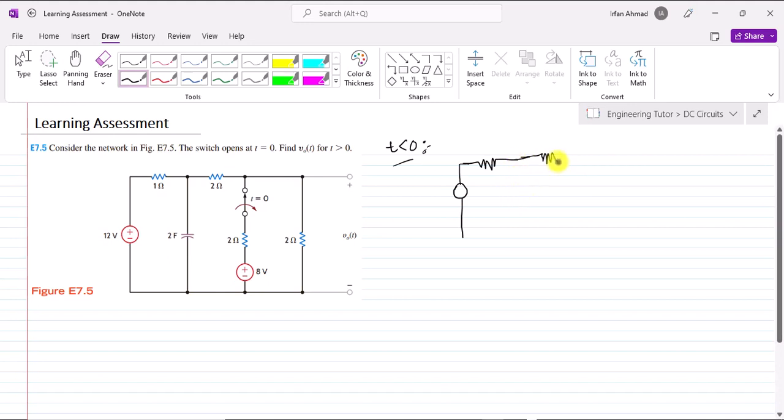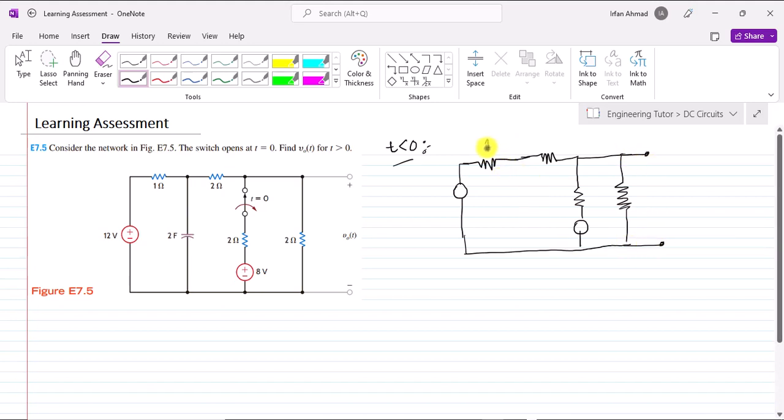And similarly, when the switch is in closed condition, this one will be here, and also the resistor and a second voltage source here. Okay, and at the end we have the last resistor here as well. So the circuit here will be like this one. This is our circuit now.